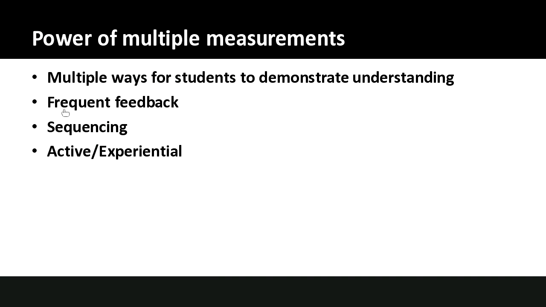So for instance, if there's only one assessment that deals with an objective, your feedback could possibly only be helpful to a future course. So having opportunities for frequent feedback is important.